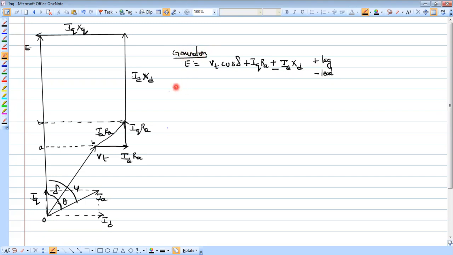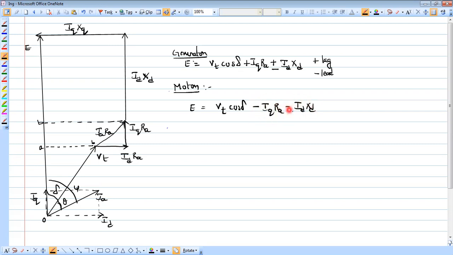If it is a synchronous motor, then in such a case, what will be our output? Our output is the back EMF and our input is the voltage. So in such a case, we get an equation like this: Vt cos delta minus IqRa minus IdXd. See here, I am subtracting.